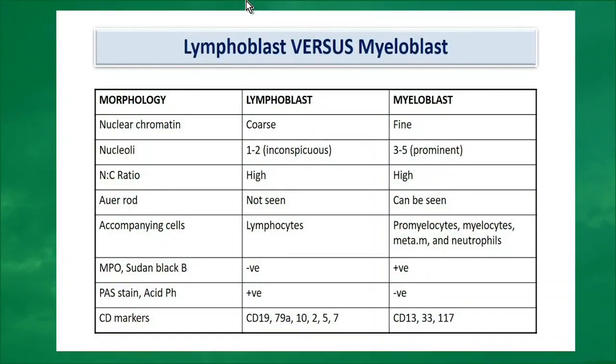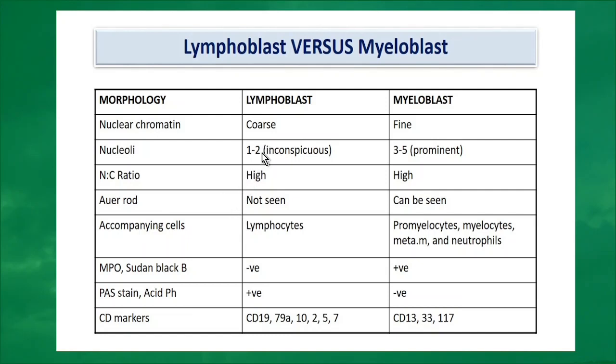How do we differentiate a lymphoblast versus a myeloblast? Lymphoblast is slightly smaller. Cytoplasm is lesser, that is, N:C ratio is high.